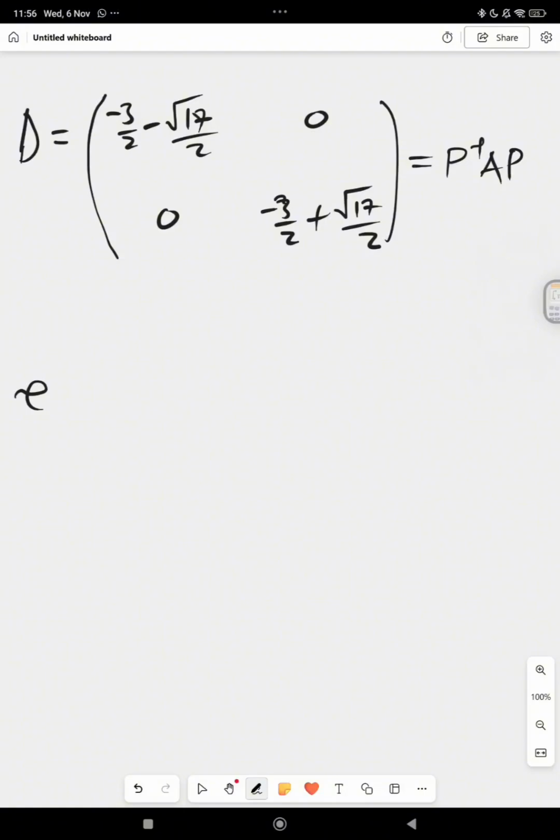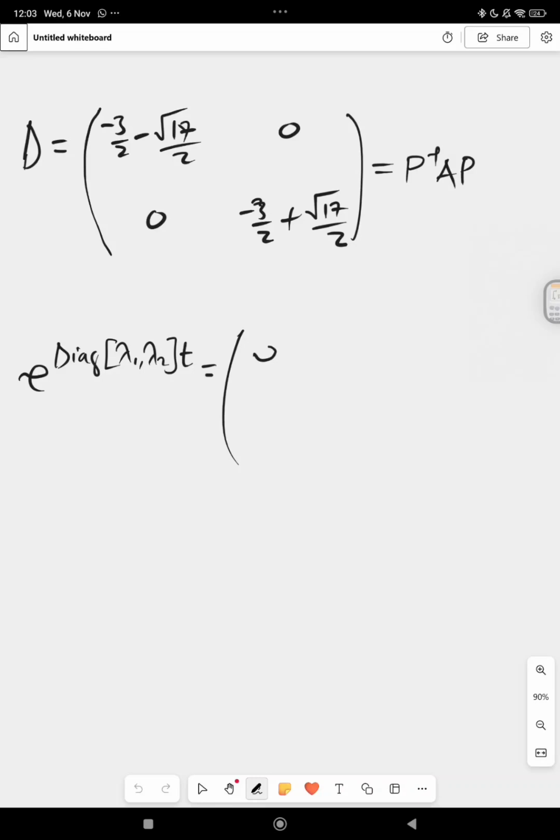Your exponential of the diagonal of your lambdas, lambda 1, lambda 2, multiplied by t, will be e raised to the power minus 3 over 2 minus the square root of 17 over 2, all multiplied by t, since we have t here.